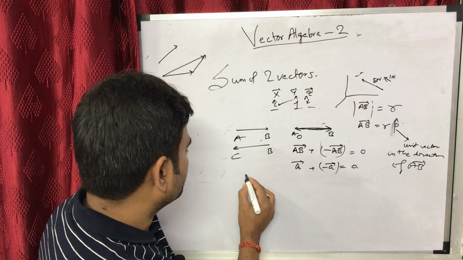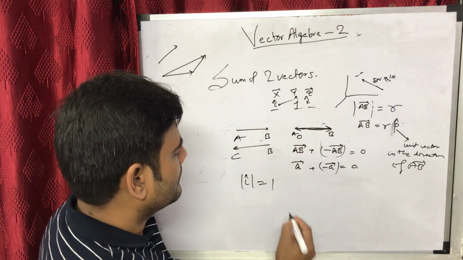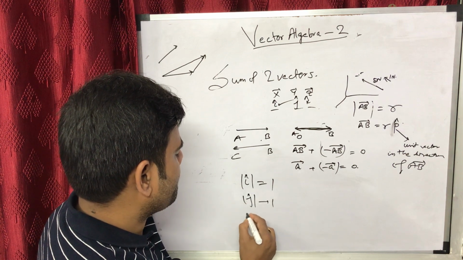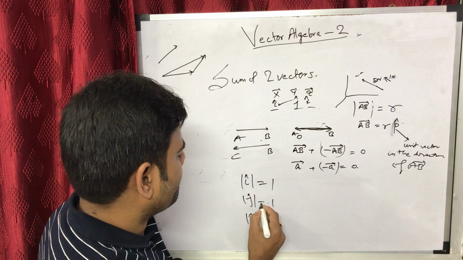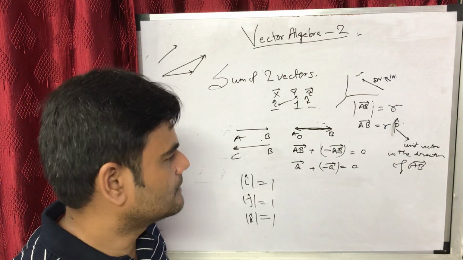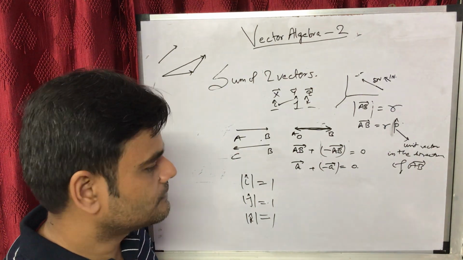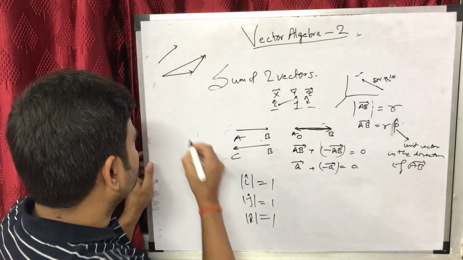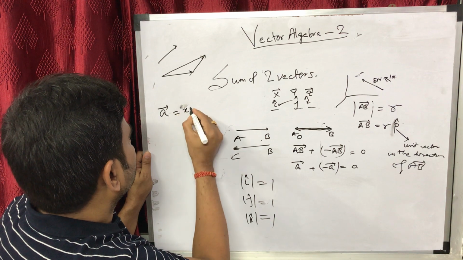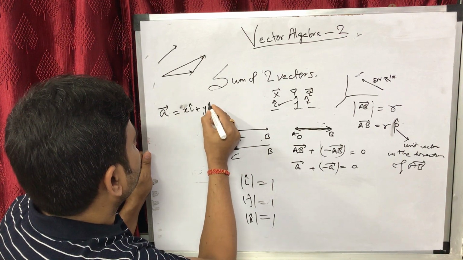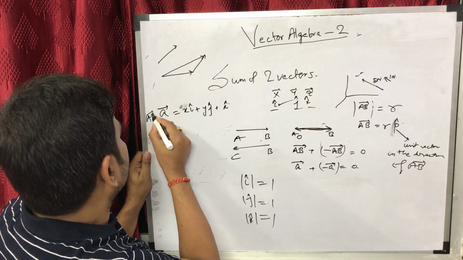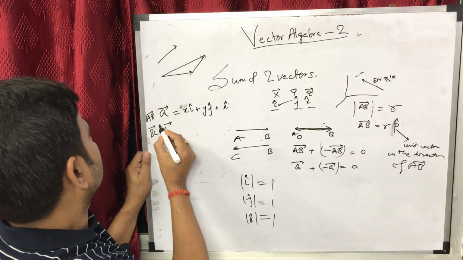You know this, right? The i, j, k, they are all 1. So I hope I was able to make myself clear. Addition of vectors: if there is a vector, say A, with x i cap plus y j cap plus z k cap, and there is a vector B, which we said AB and BC, just imagine like this.